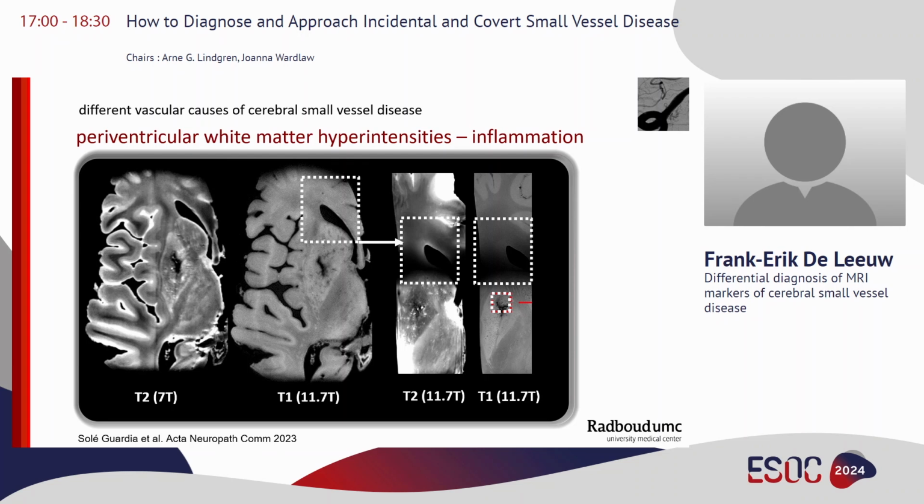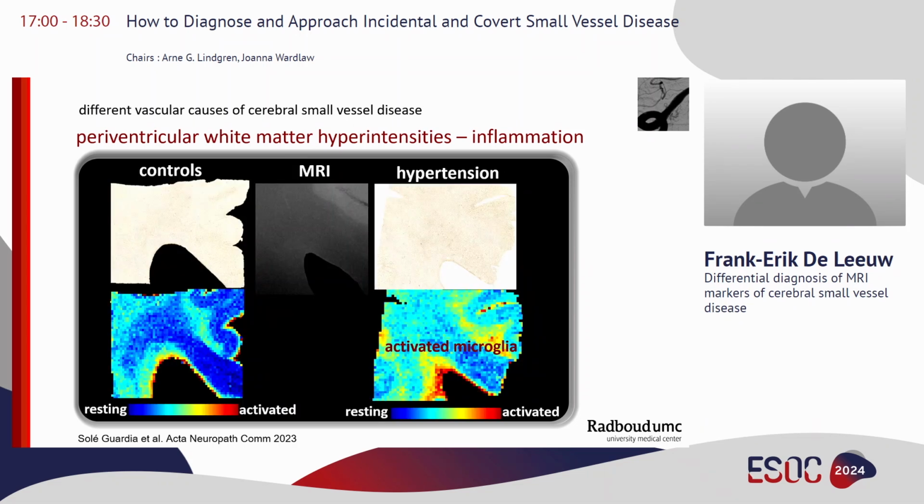These slides are from Jemma Guardia, also from Hanai, using a pathology correlation study, a post-mortem study, which identified controls and individuals with periventricular white matter lesions, as you can see here, and went to high field imaging of 12 Tesla, to identify on MRI scan the underlying pathology and correlate it with histopathology.